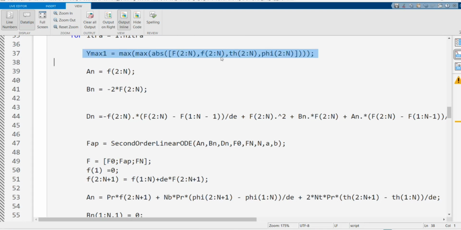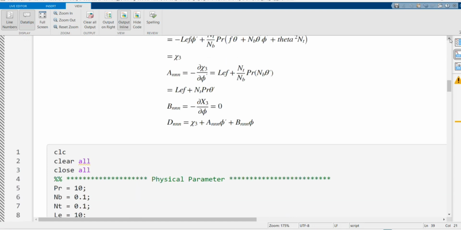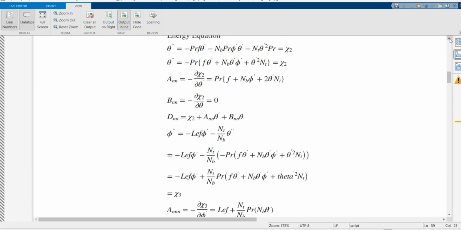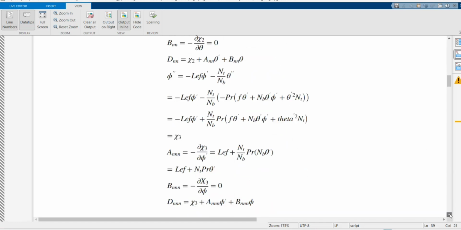This will remain the same for you. If you have chi, for example a microorganism equation, then you add one value over here. Capital An will be equal to F, and it should start from 2 to n. Why 2 to n? Since at 1 there is a boundary. Remember that this An is equal to small f, the same small f used in the code.